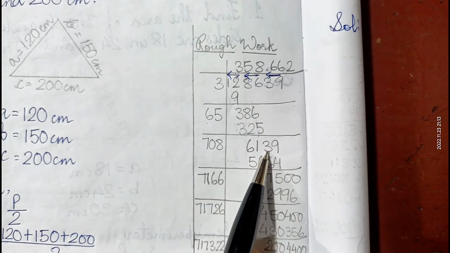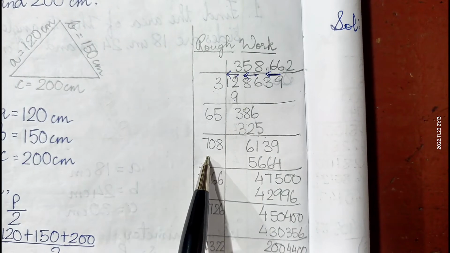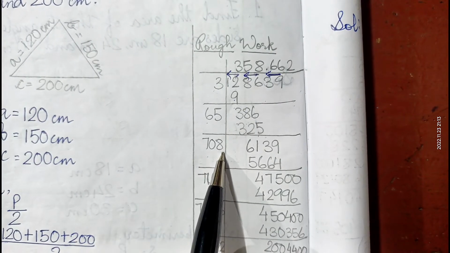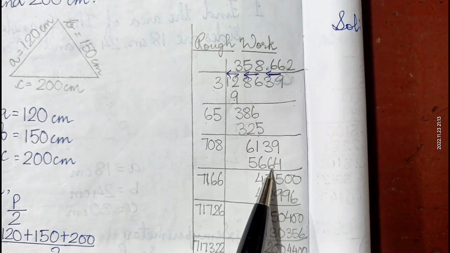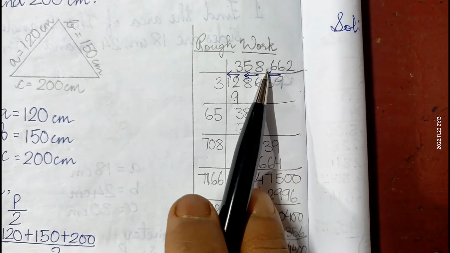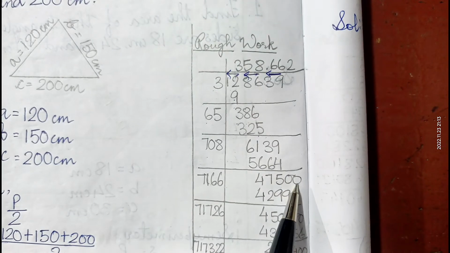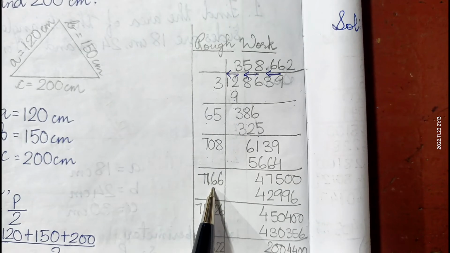Now 39 will come here. Now if you take the double of 35, it will be 70. Now 708 into 8 will be 5664. If you subtract, it will be 475. Now we have to take decimal and place 2 zeros. Now double of 358 will be 716.